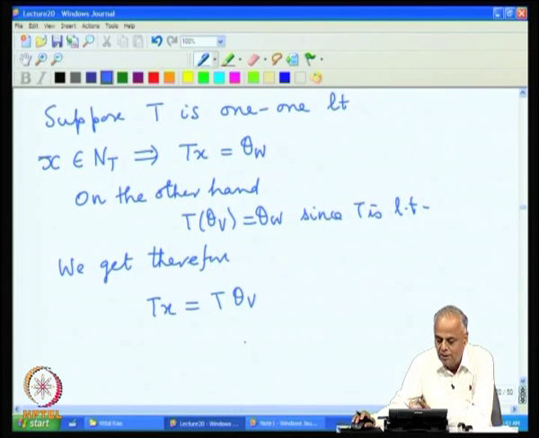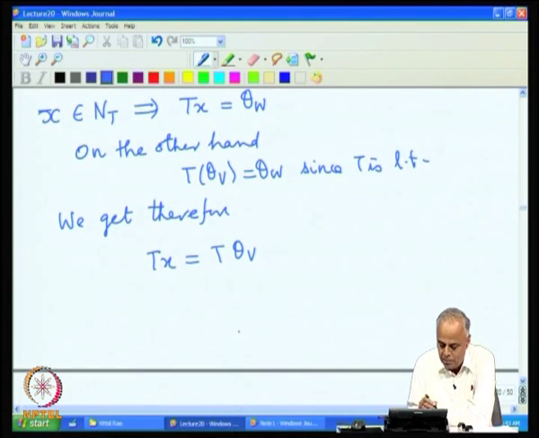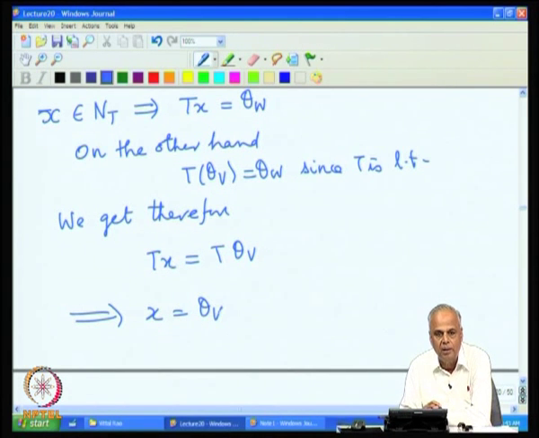So, here x and theta V have the same image and therefore, x must be equal to theta V, because if x were not theta V, then x would have a different image from theta V.